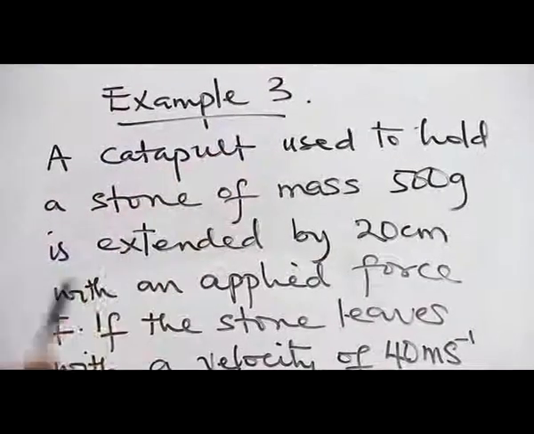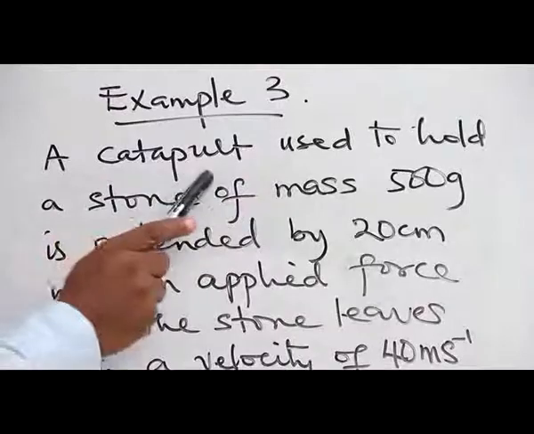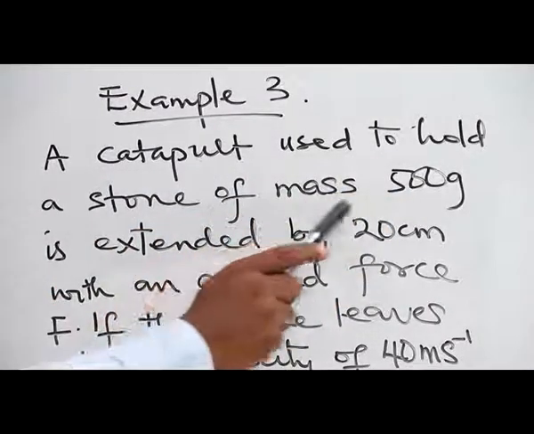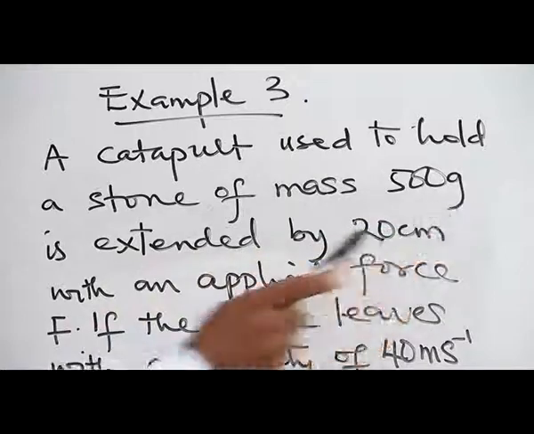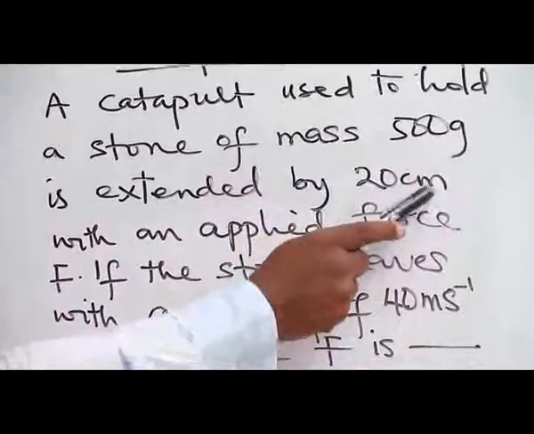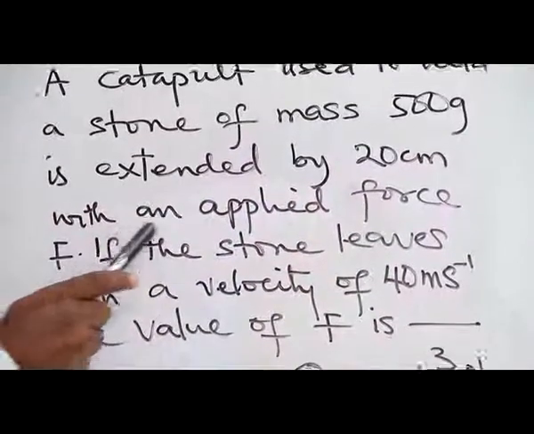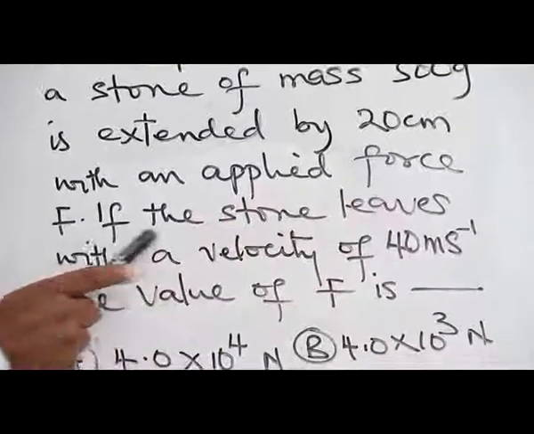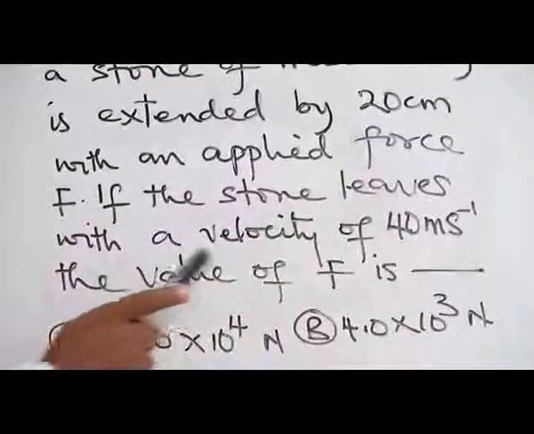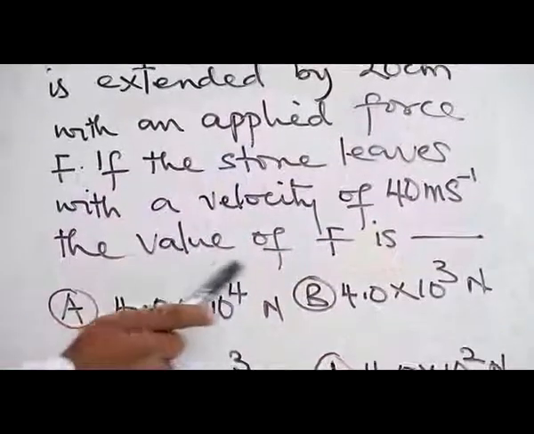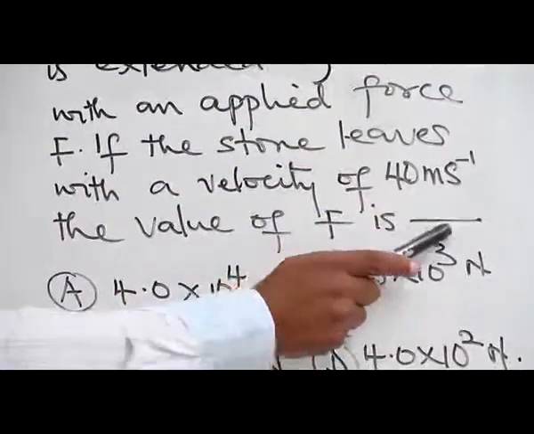Example 3. A catapult used to hold a stone of mass 500 grams is extended by 20 centimeters with an applied force F. If the stone leaves with a velocity of 40 meters per second, the value of F is dash.